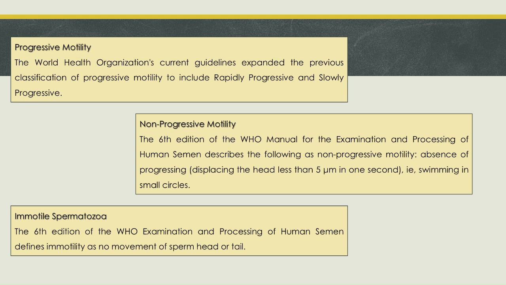The 6th edition of the WHO Manual for the Examination and Processing of Human Semen describes the following as non-progressive motility: absence of progression, displacing the head less than 5 micrometers in 1 second, i.e., swimming in small circles. Amotile spermatozoa. The 6th edition of the WHO Manual defines immotility as no movement of the sperm head or tail.